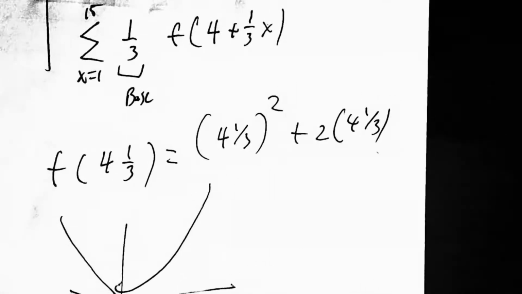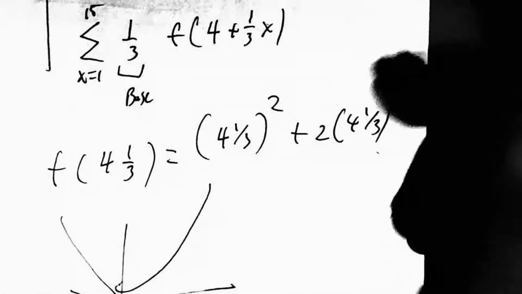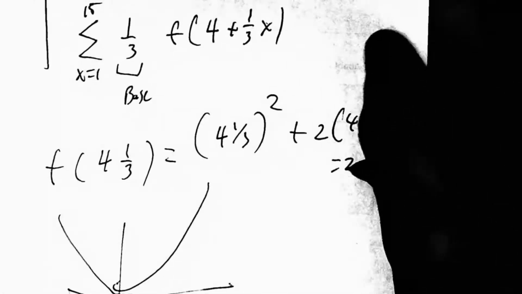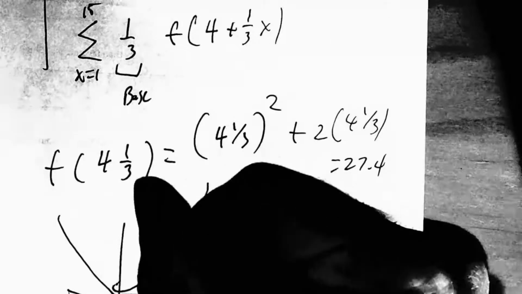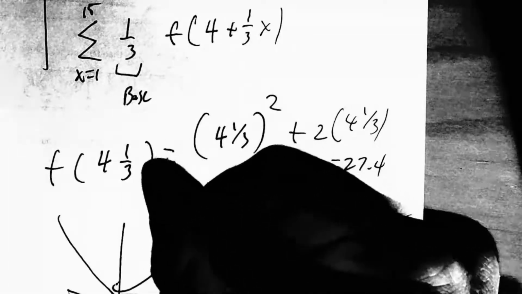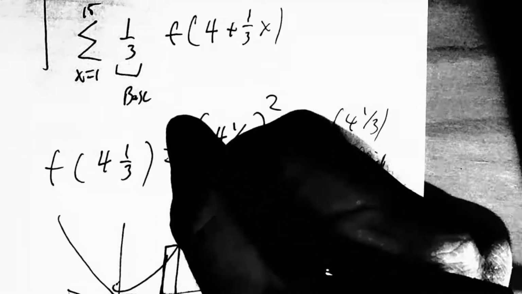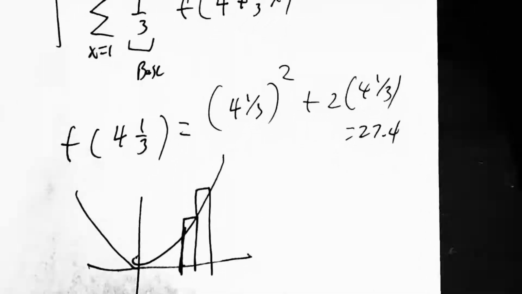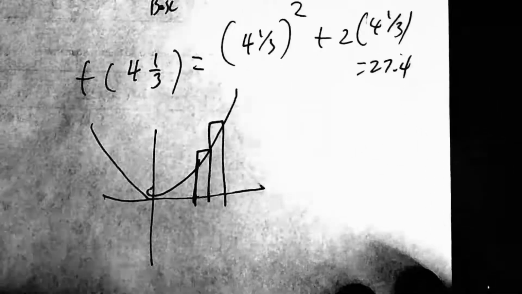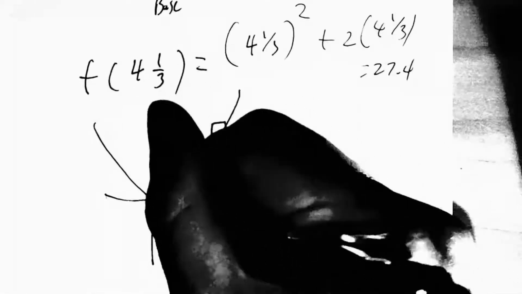Okay, so 4.33 squared plus 2 times 4.33. It's roughly 27.4. So this is gonna be a zoomed in version, a micro version of what we're doing. So this is 4 right here.